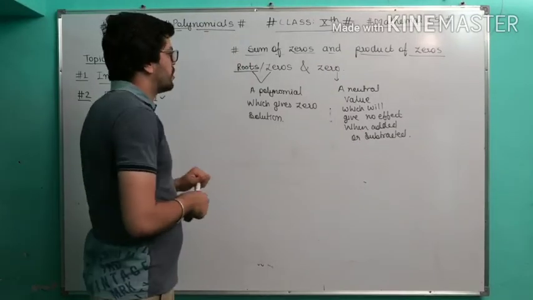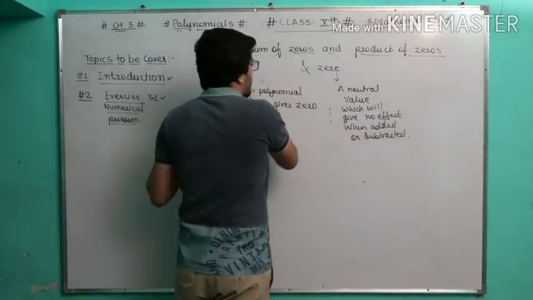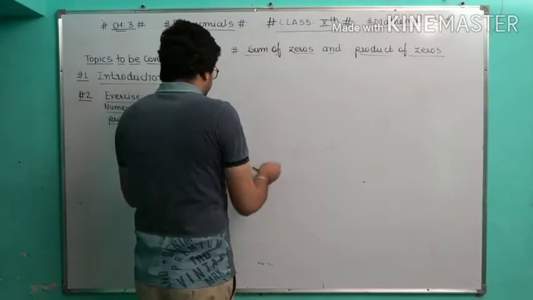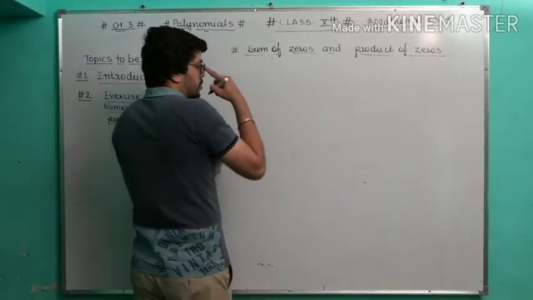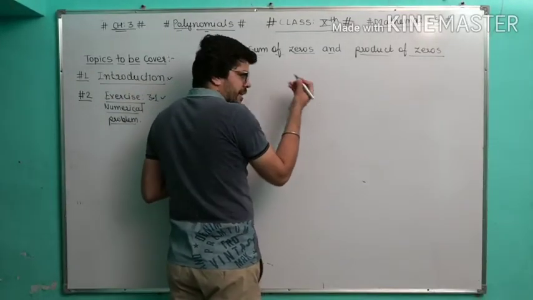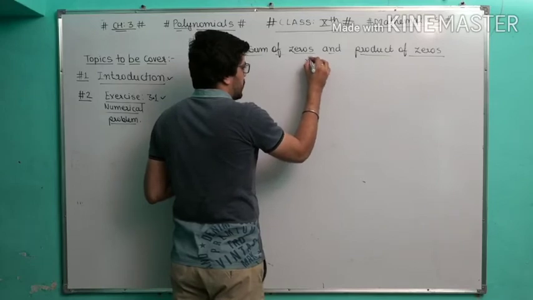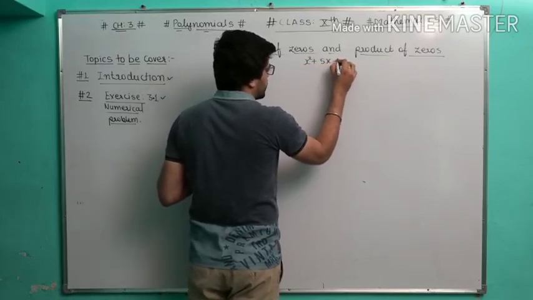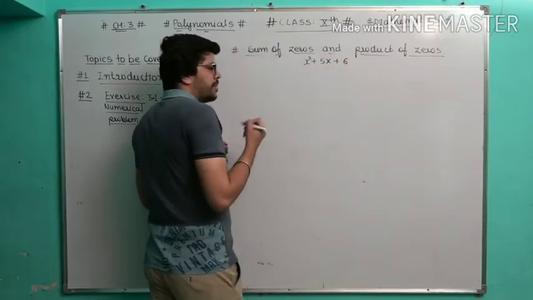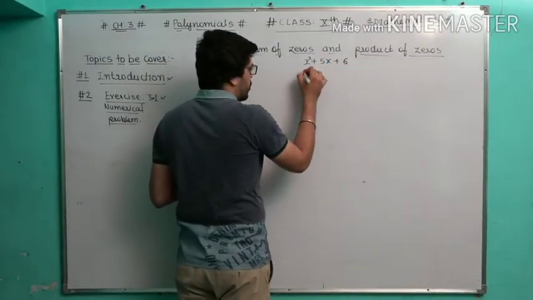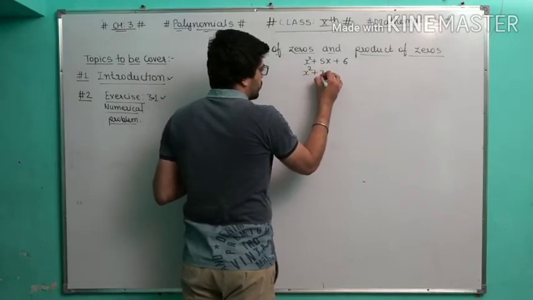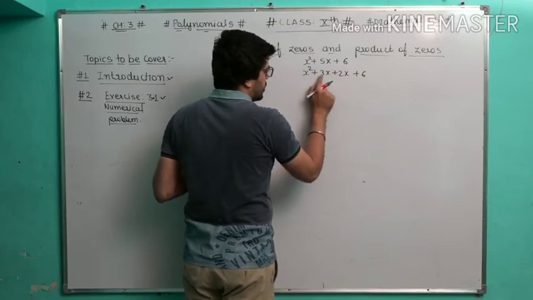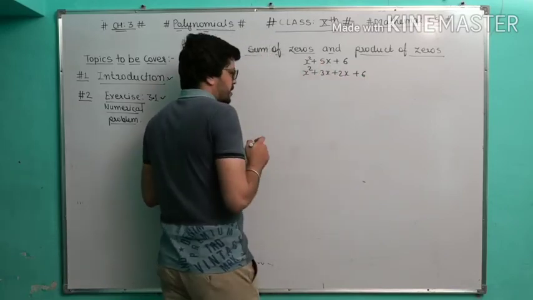Now we are talking about the formula. How can we deduce the formula? In 7th class you understood factorization. Suppose I am telling you this is x square plus 5x plus 6 and I am telling you to do the factorization. What will you do? x square plus 3x plus 2x plus 6. 3 into 2 is 6, and 3x plus 2x is 5x.